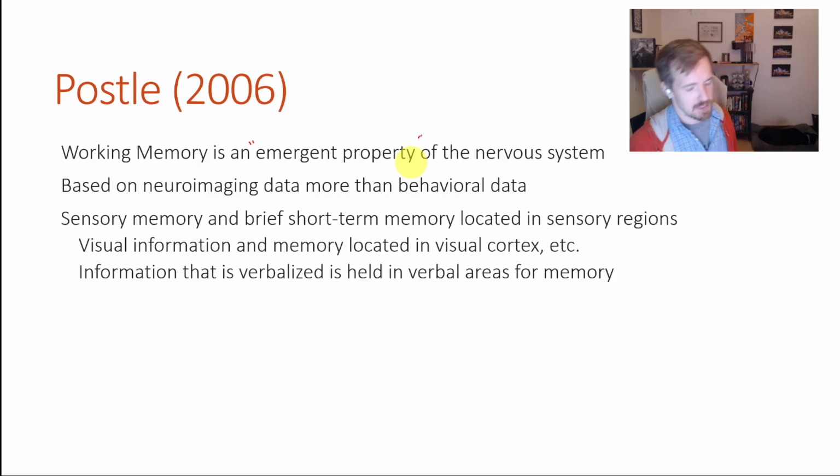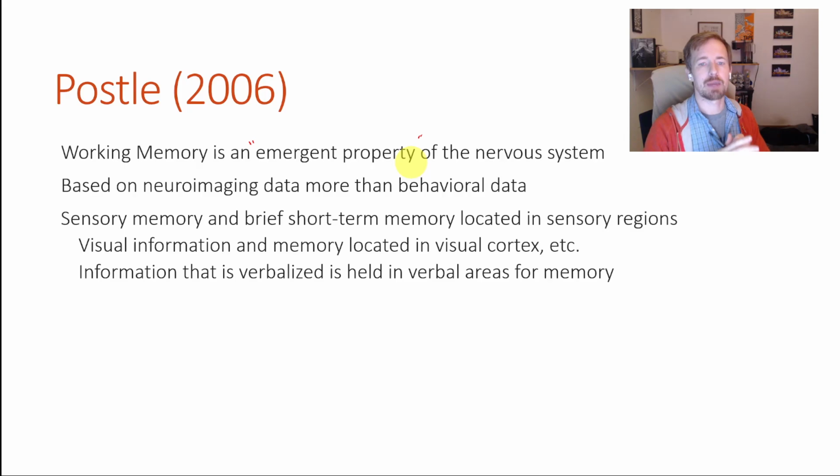And so he based this more on neuroimaging data that he had seen throughout the years, more so than any kind of behavioral data, which is part of the reason why I like it, actually. And so in this way, he visualizes the brain, or working memory I should say, as a series of really short memory centers that are more akin to sensory memory than to what George Miller was talking about when he's talking about 7 plus or minus 2.